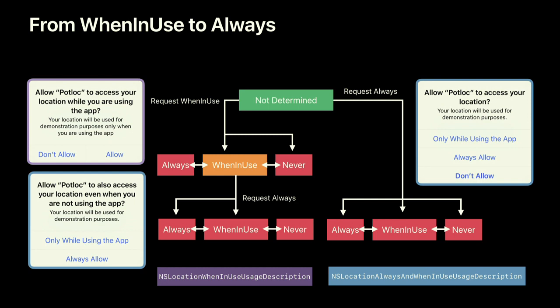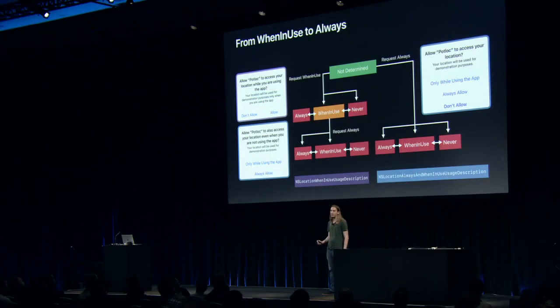If the user doesn't understand why your app wants access to location all the time, if they don't have that context that we're recommending you provide, then it's very likely they'll grant your app when in use authorization instead. And if that happens, you won't be able to initiate a transition prompt afterwards. Oh, and this prompt also uses that new combined usage description key.